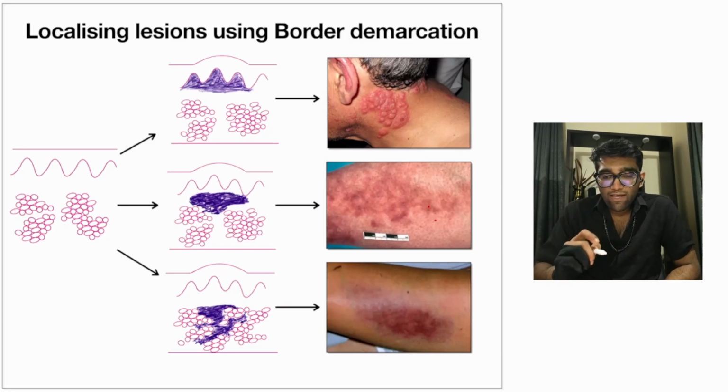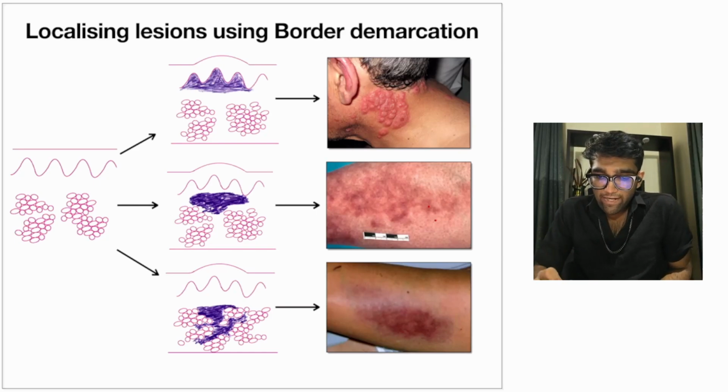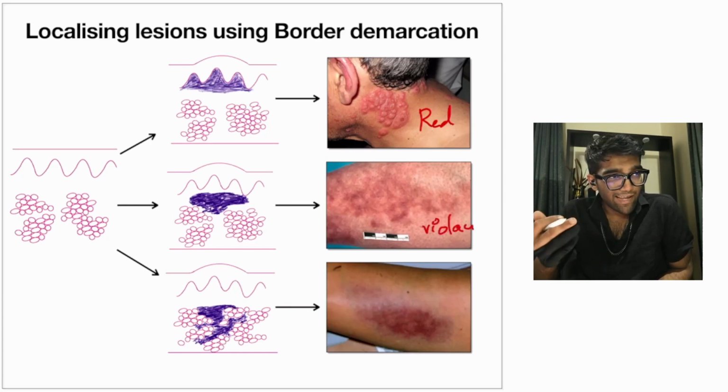Now there's another thing that brings us to our next point of discussion, that is the level of redness in the lesion. So you can see that these lesions are definitely very red or pink. They're very brightly red or pink. These have a slightly violaceous or violet-like hue, and these have even more of a violaceous hue.